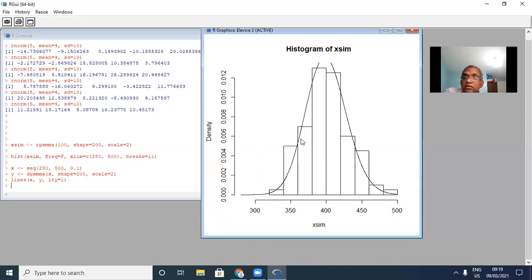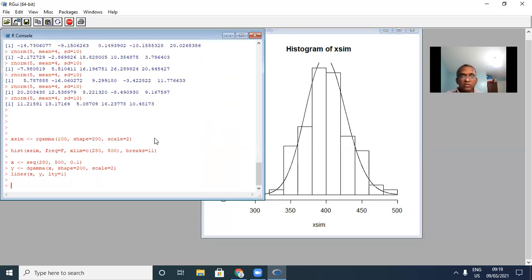Hence, if you plot on top of it the density of the gamma that you simulated from, it must match the histogram pretty well, as you see here, right? Okay, so it's not a surprise.